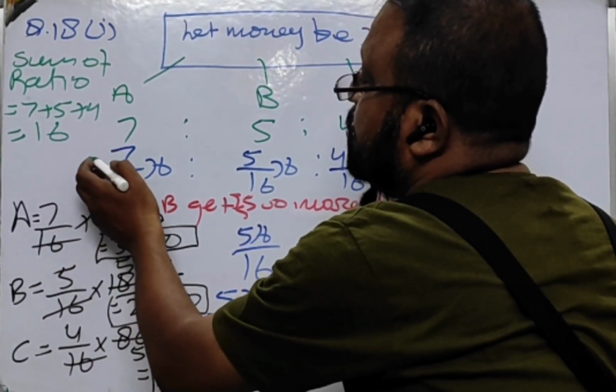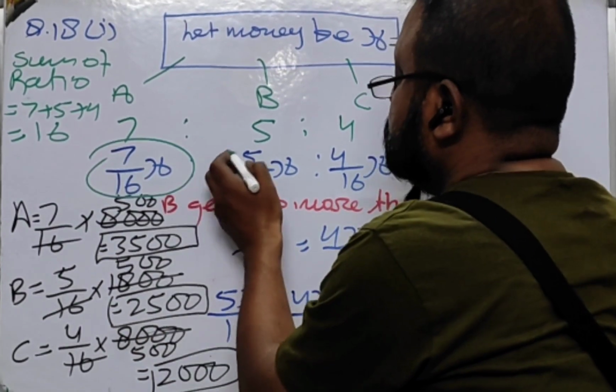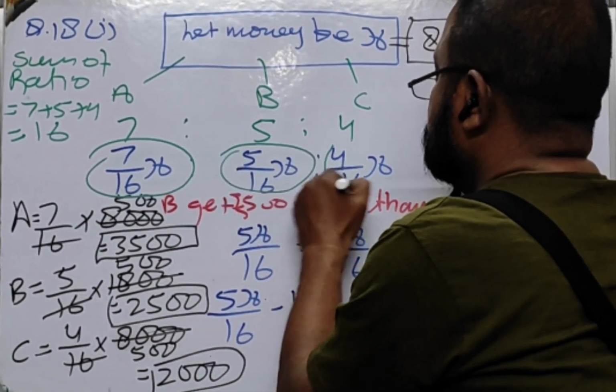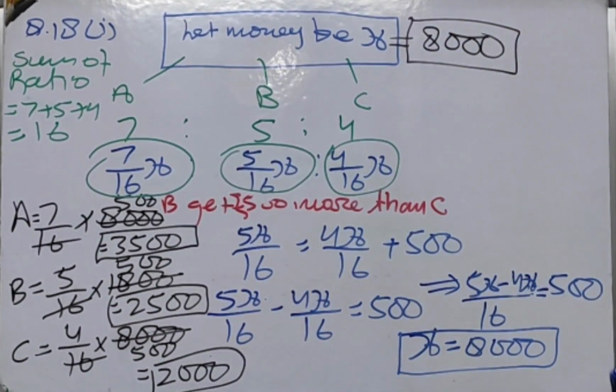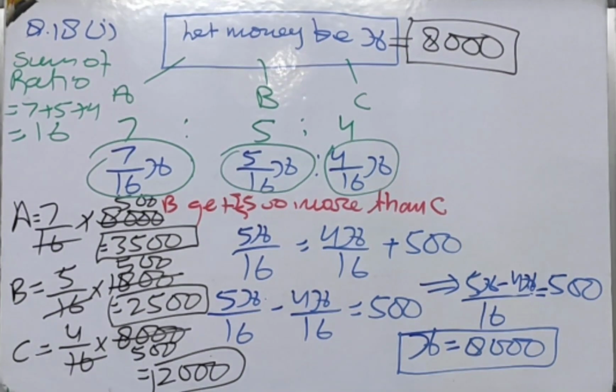So A is getting this, B is getting this, and C is getting this, right? So this is the way to solve this. Got it? This was question number 18.